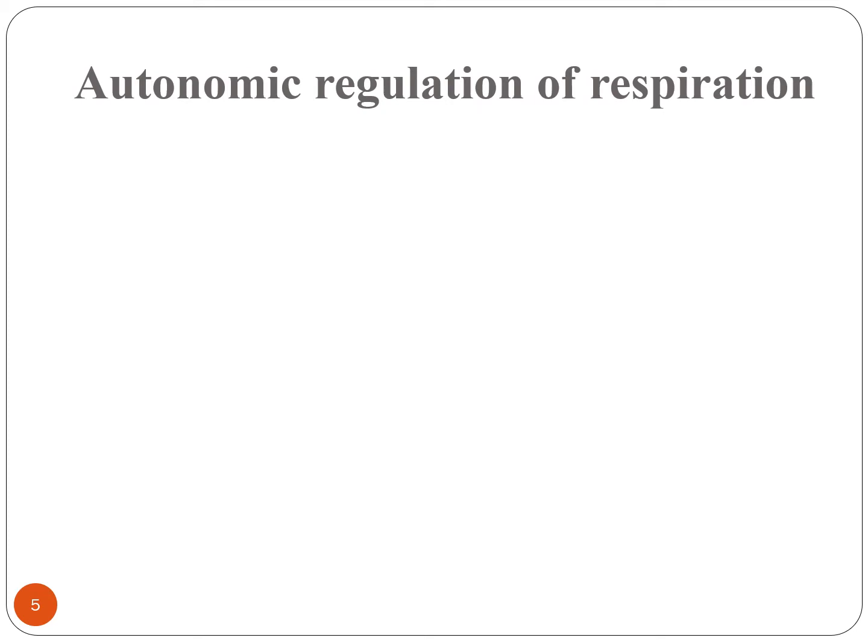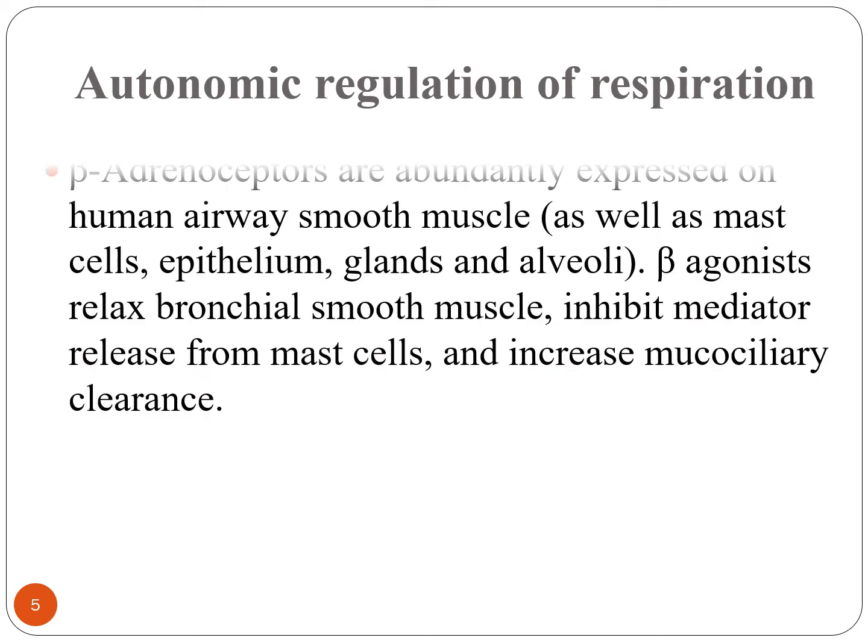The autonomic regulation of respiration, as we mentioned previously in the autonomic nervous system: you will find that beta 2 adrenoreceptors are abundantly expressed on the human airway smooth muscles, as well as mast cells, epithelium, glands, and alveoli.